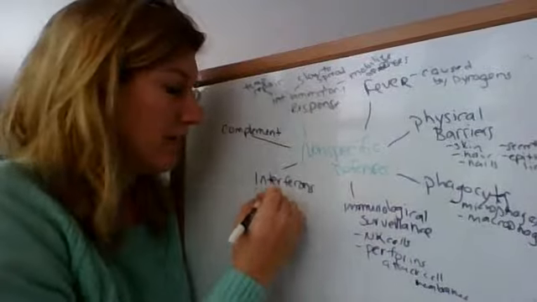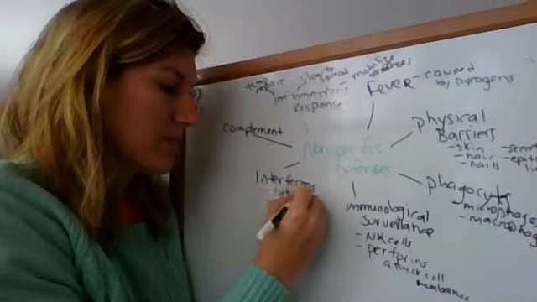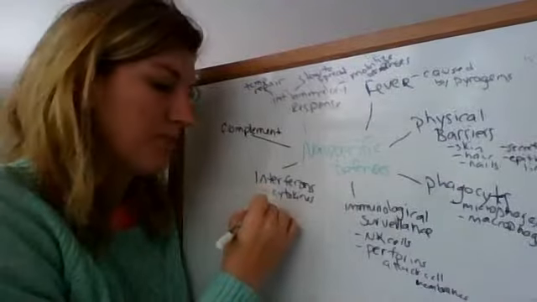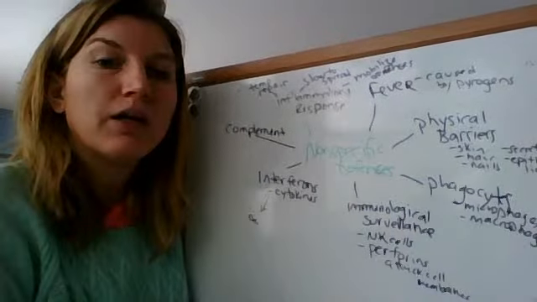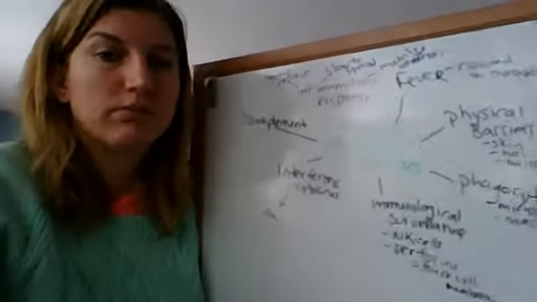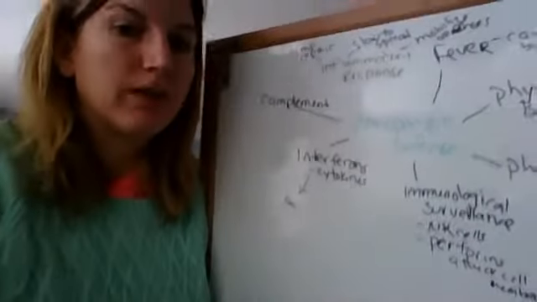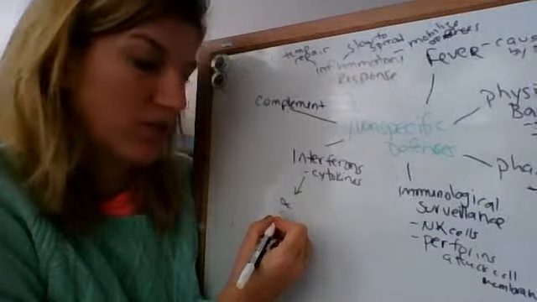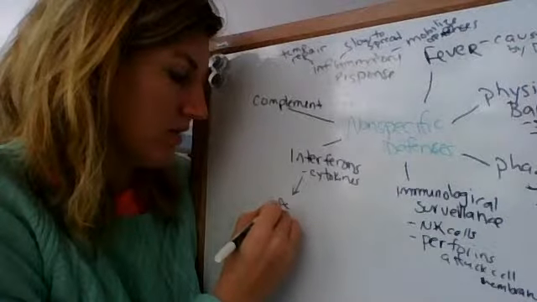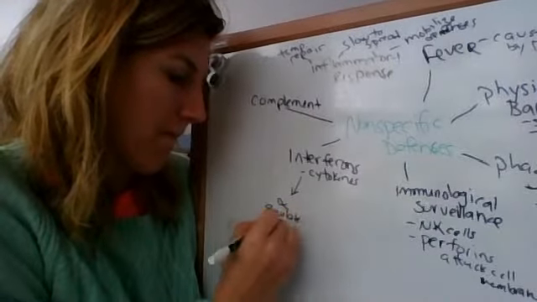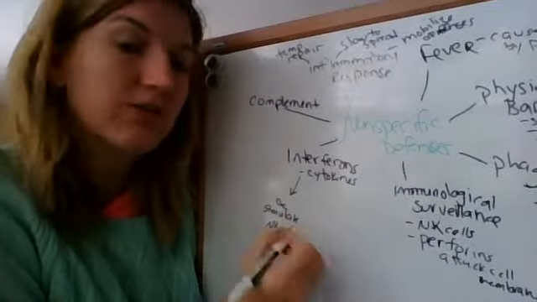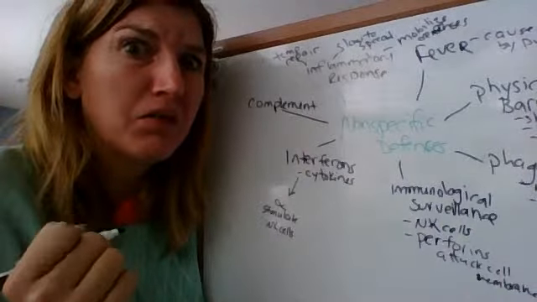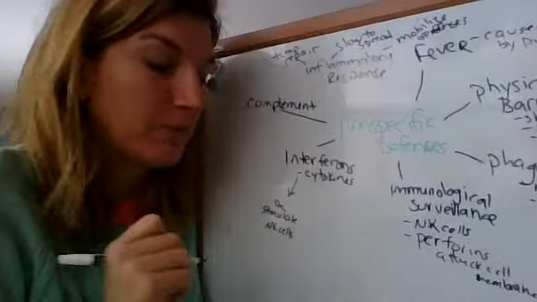We have interferons. Interferons are basically cytokines, and these cytokines are little cell-to-cell messengers, and we have three types. You have alpha, just trying to make sure you can see. Alpha interferons, it looks like a little sideways fish thing. These stimulate natural killer cells. Again, little cell-to-cell messengers saying, hey, my neighbor here is a little funky, maybe we should get a natural killer cell in to check them out.